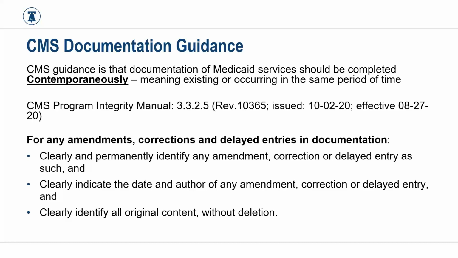And so if that is indicated and corrected and it's identified what's the original content, and then the change that a supervisor or other made in that service documentation, that can be provided at the time you're submitting service documentation to Liberty. We just want to make sure that everyone had that guidance.